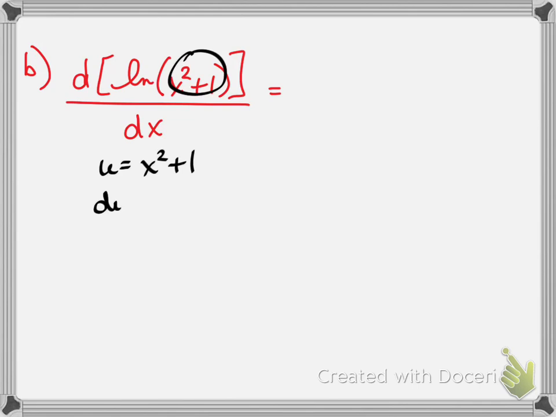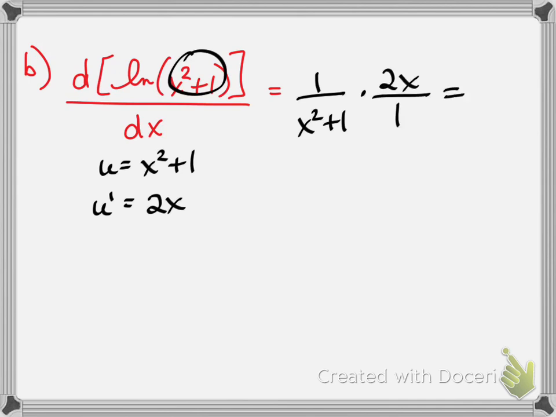So u prime, I'm going to go with u prime today, is 2x. So we follow the rule. It's 1 over u times u prime. Nothing cancels, so it's 2x over x squared plus 1. And remember, math doesn't work upside down. That does not work.